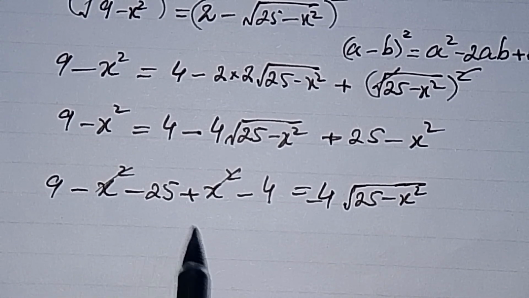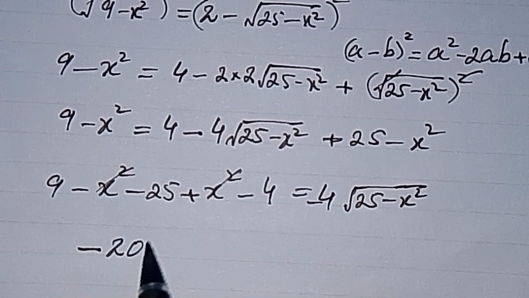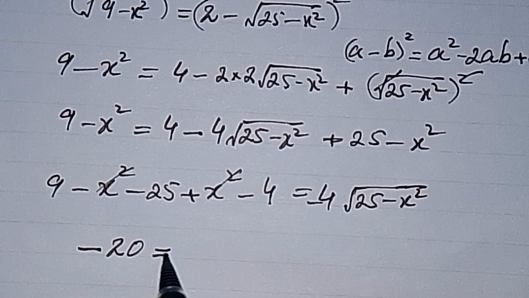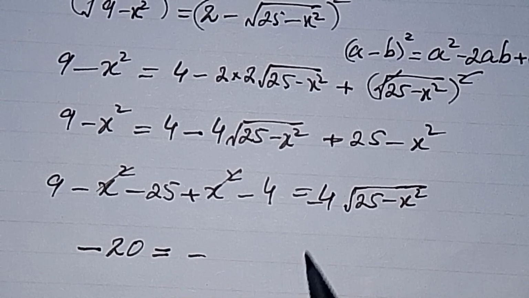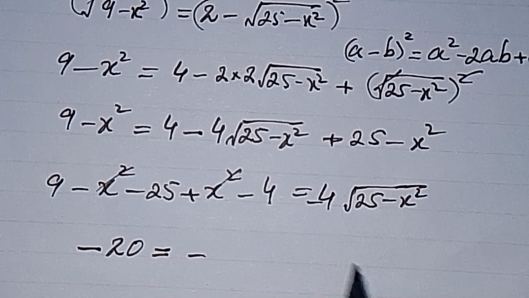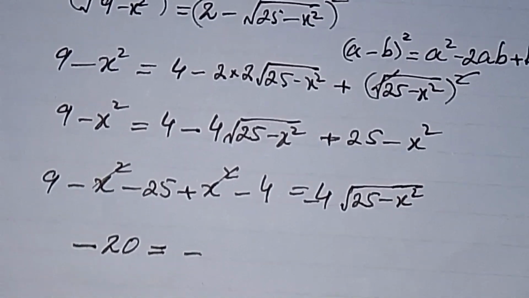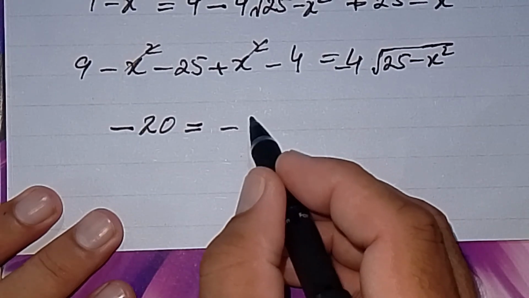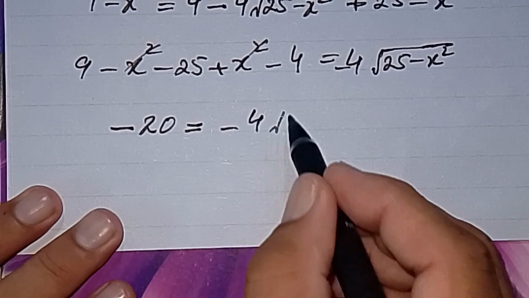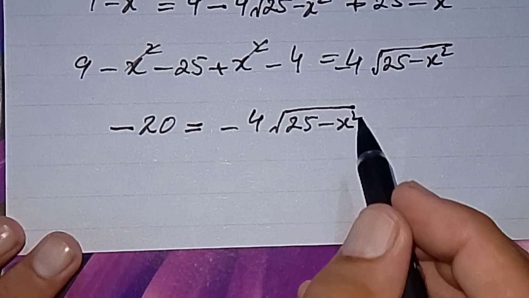Here minus 20 is equal to minus 4 under root 25 minus x square.